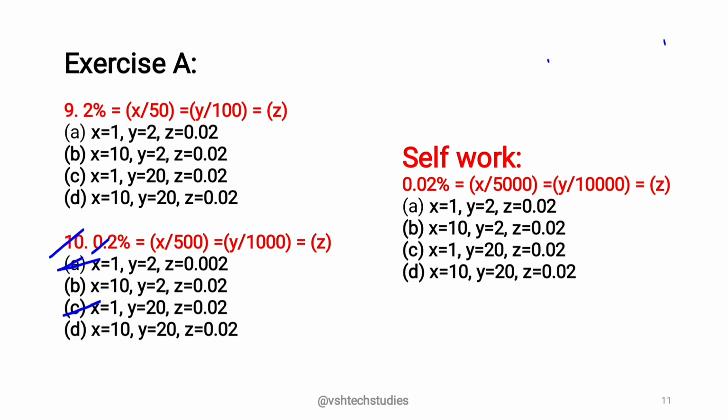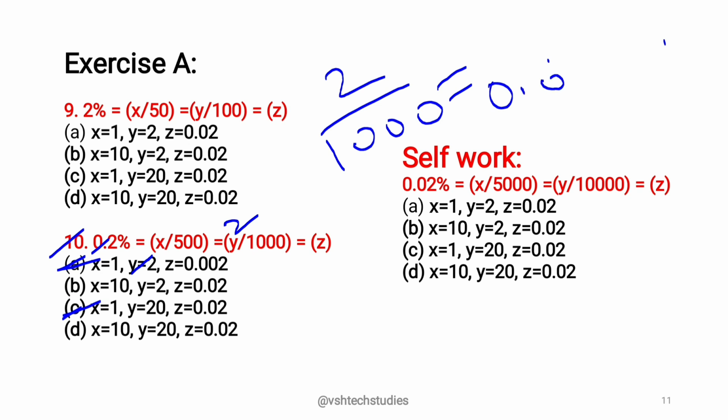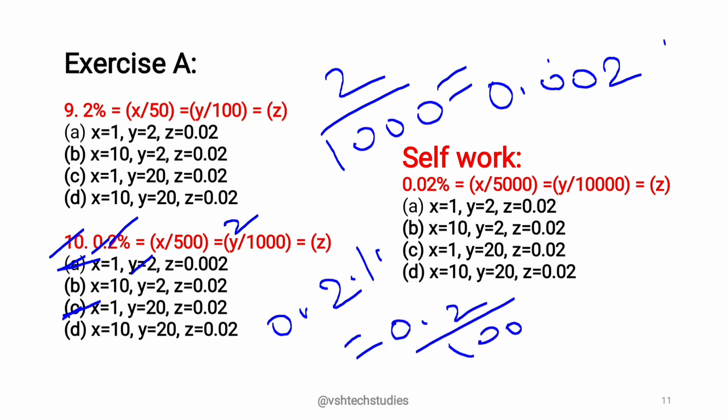Now considering options A and C, y equal to 2 is given in A. If you fill y equal to 2, it is 2 upon 1000, which is equal to 0.002. And 0.2%, if you take it, is 0.2 upon 100. If you evaluate, this also comes out to be 0.002.